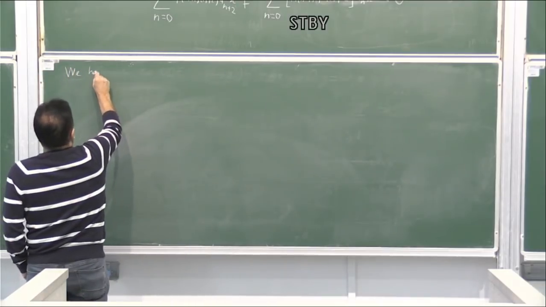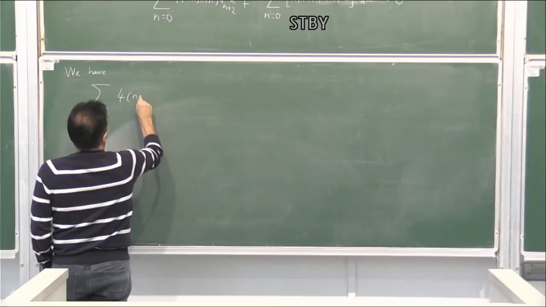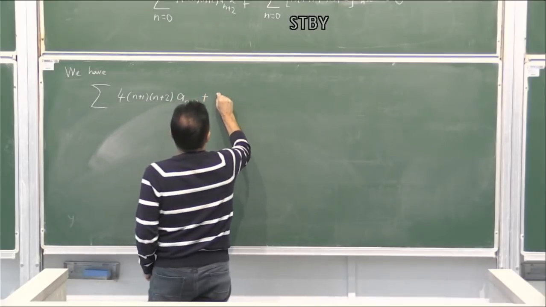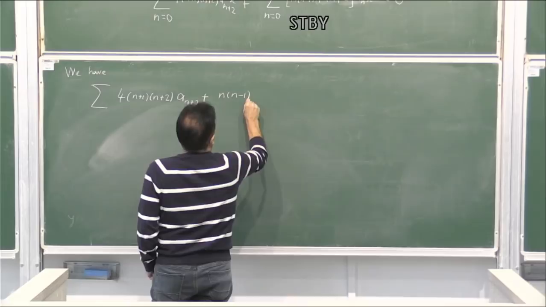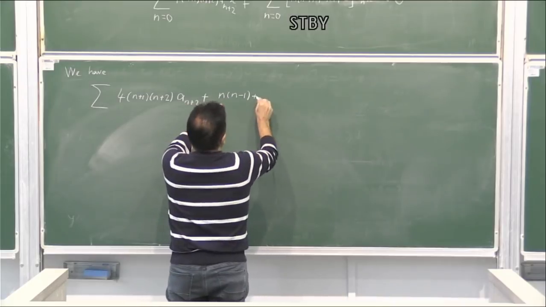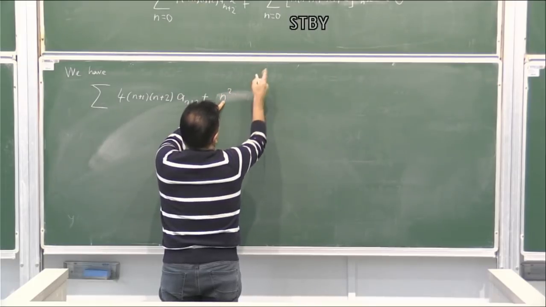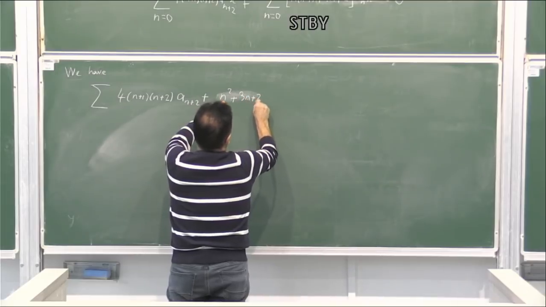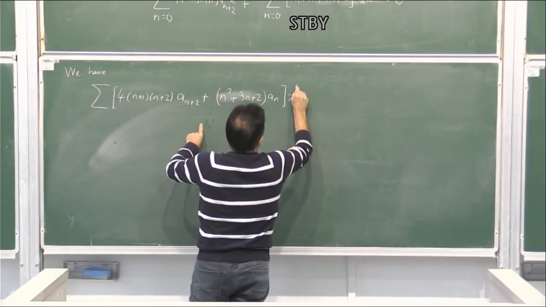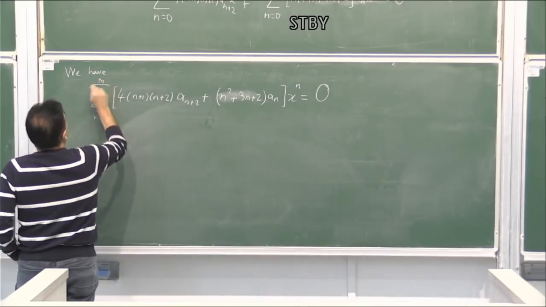So we have this one, 4 n plus 1, n plus 2, a n plus 2, plus n minus 1 plus 4n, so let's write them, n squared minus n plus 3n plus 2, a n, all proportional to x to power n, must be 0. So this is the left-hand side of our ODE.